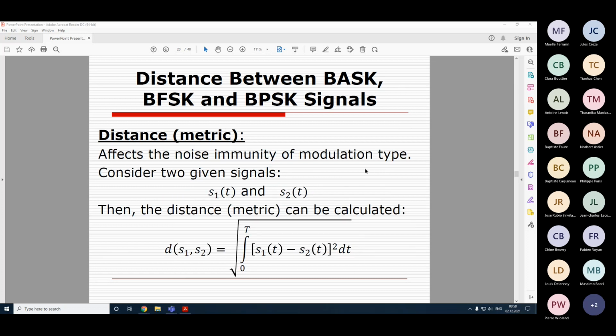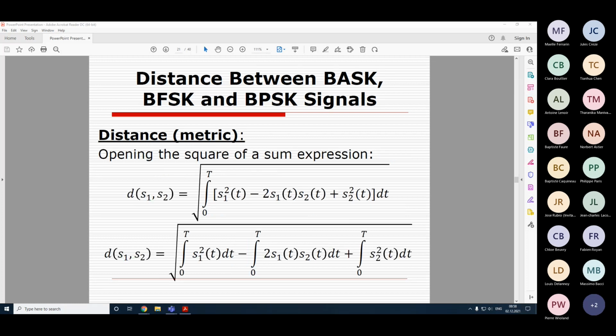So what we are going to do now is open these brackets. Here we have the first signal squared, the second signal squared, and this mutual multiplication of the two signals.